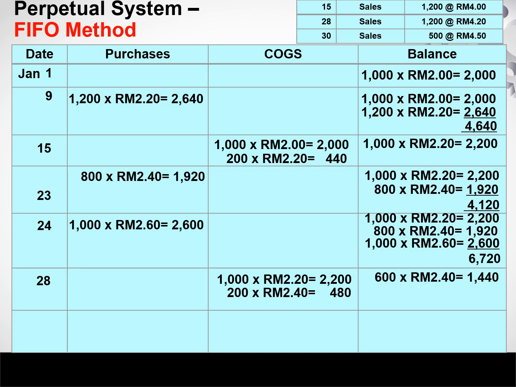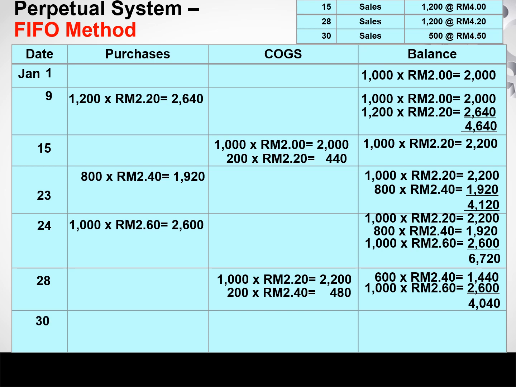So the balance are 800 minus 200 unit equals to 600 unit times 2 ringgit and 40 equals to 1,440, and 1,000 unit times 2 ringgit and 60 equals to 2,600. So the total balance is 4,040.